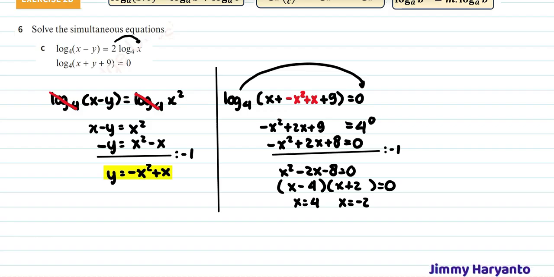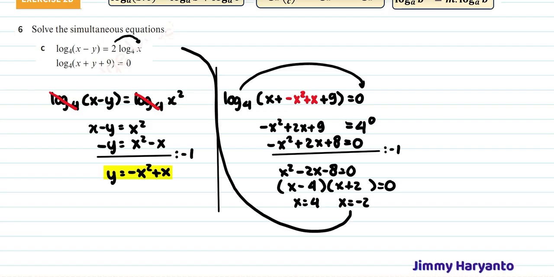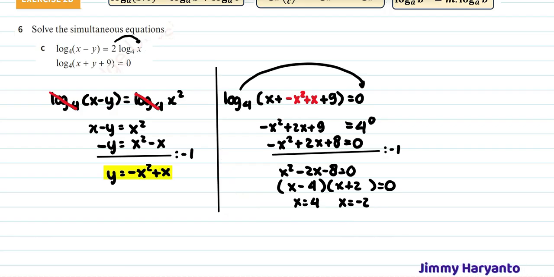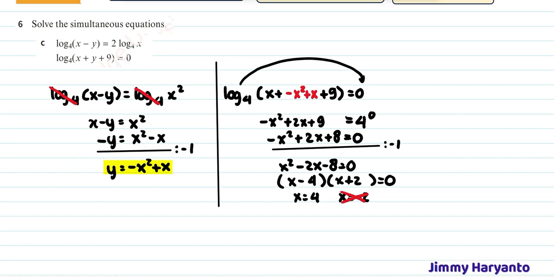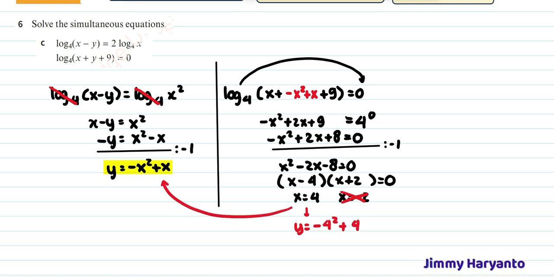And then I think I have to reject the -2 directly, because when I input it right there, it will give us the logarithm of negative numbers. That means you have to reject this one. For the 4, we don't know yet, we have to find the y first. So the y equals negative, input it right here, -4 squared plus 4, so the y equals -12.